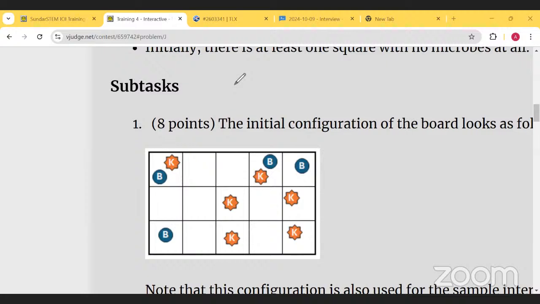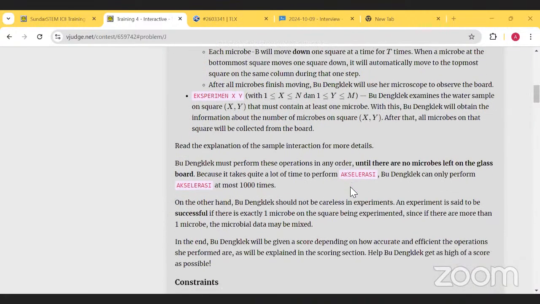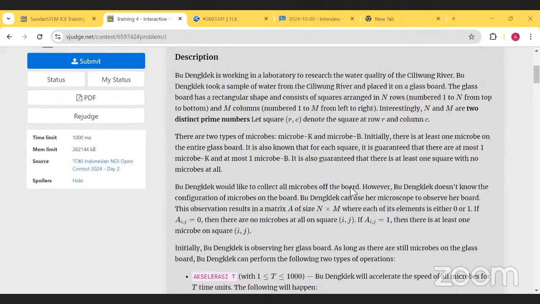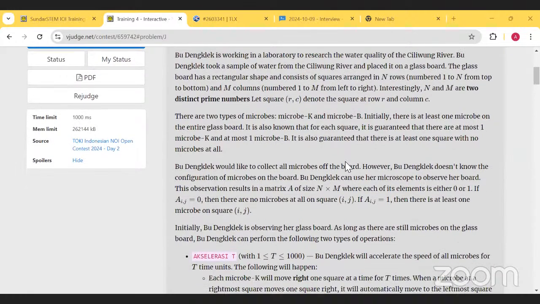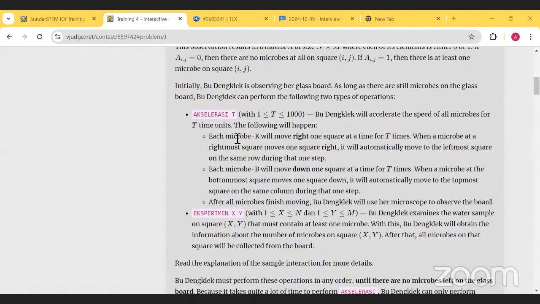Okay, so in the problem statement it said that microbe K will move right each time we accelerate.